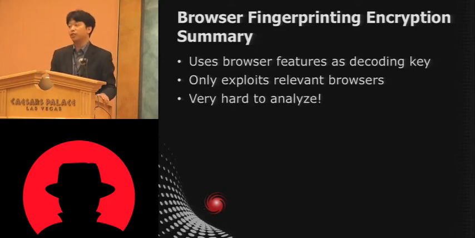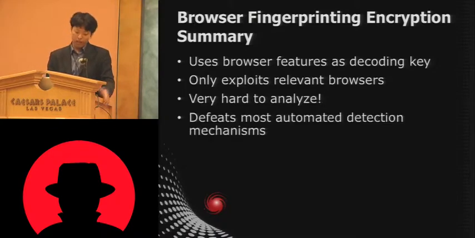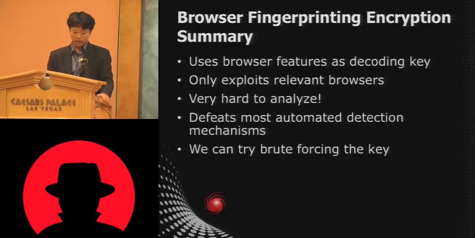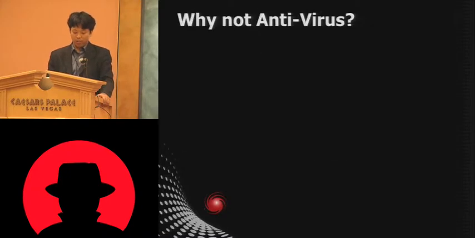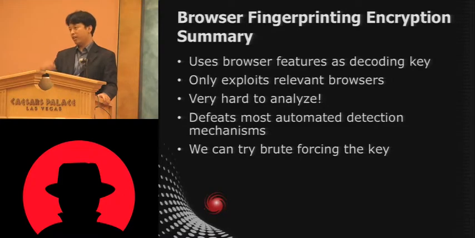And it's very hard for security researchers to analyze. We've encountered quite a few of these with very fancy encryption algorithms, mostly in targeted attacks. So it defeats most automated detection mechanisms. We can try brute forcing the key, but you can put a time limit on it.